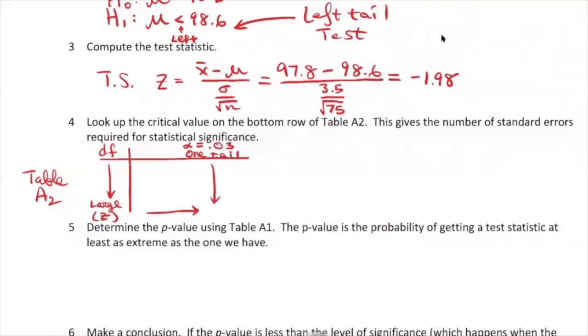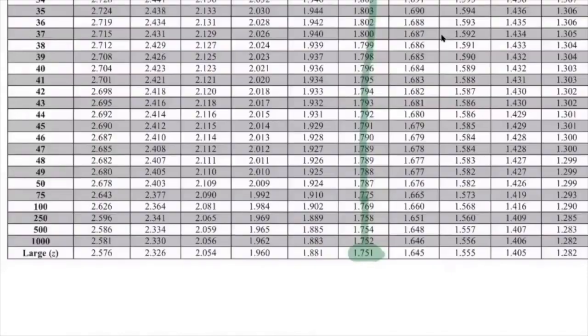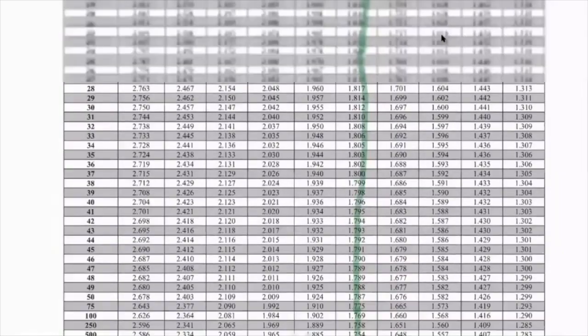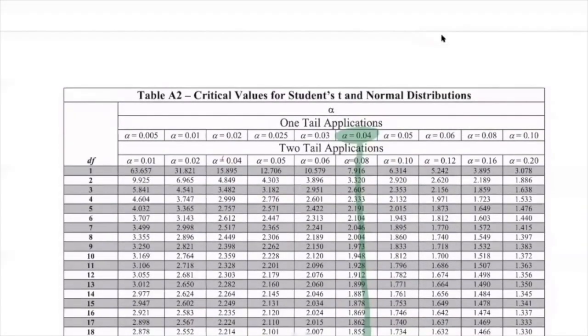Okay. And I'll pull this up real quick. It's again table A2 for the critical values. And one tail 0.03, is it here? Yeah, it is, right in the middle there. There's a 0.03 for one tail, and then all the way down.